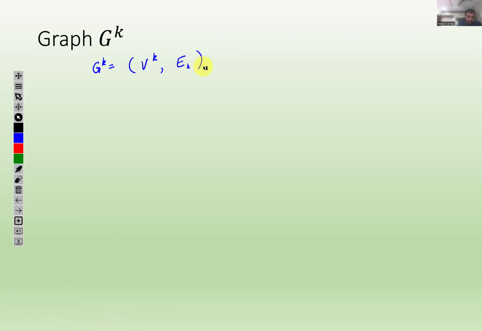If you take two vertices here, say V1 to Vk, and V1 prime to Vk prime, so these are two k tuples of vertices, I say they are similar, or there's an edge between the two.